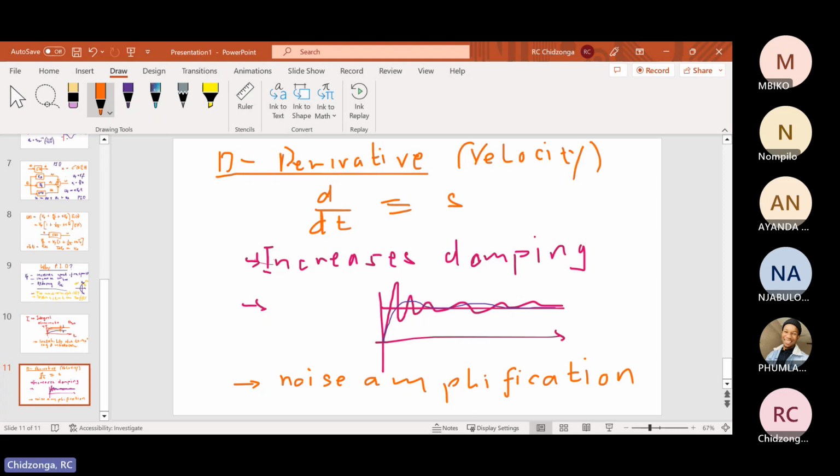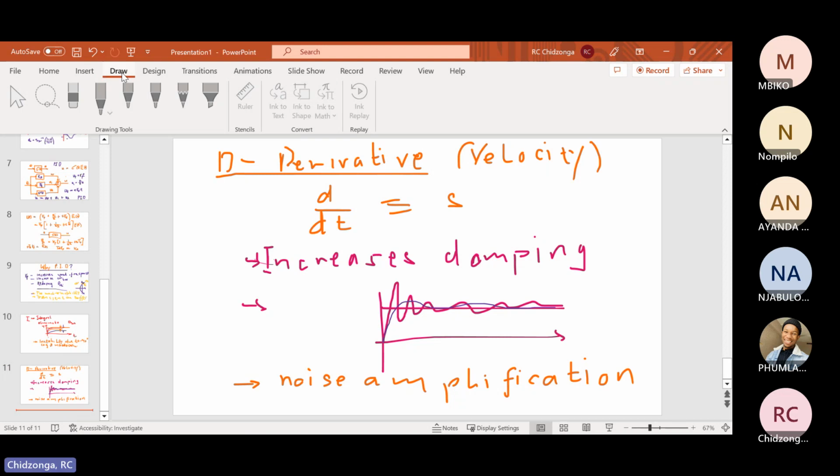That's what we mean, because remember, any process, there's always some background noise input to it. Derivative has got the undesirable effect of accentuating, or in other words, increasing the effects of noise. So overall, you don't want noise to be increased.